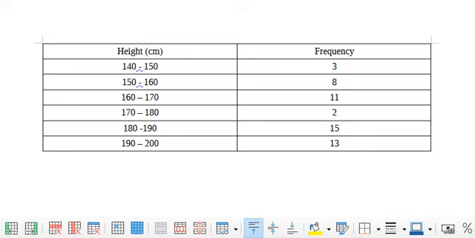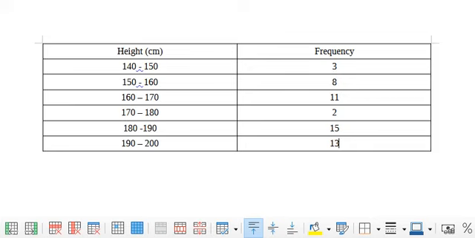This is the grouped data. That means data are divided in some groups or classes. The left side column represents the heights of some candidates, some people, whatever, and the right side is the frequency, that is how many candidates are falling in that class.